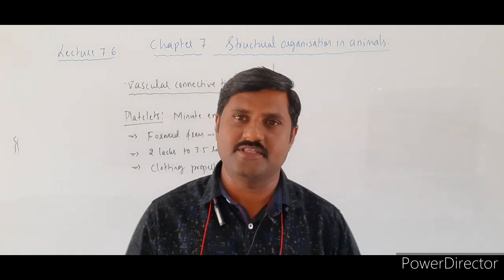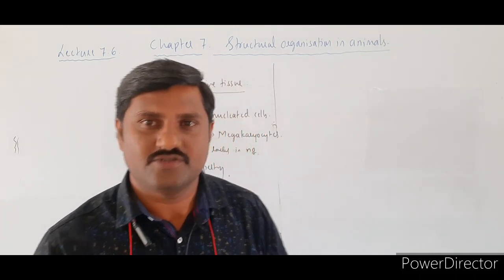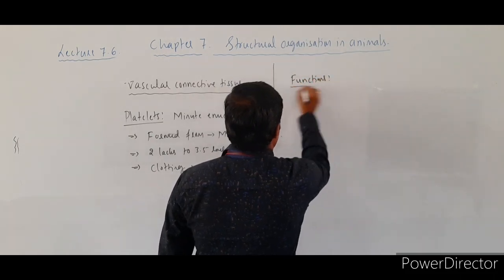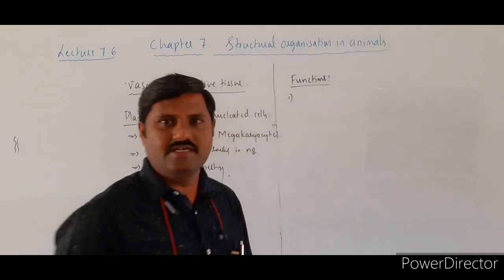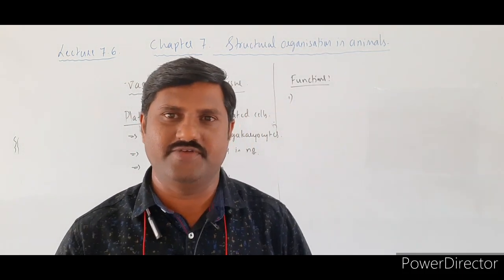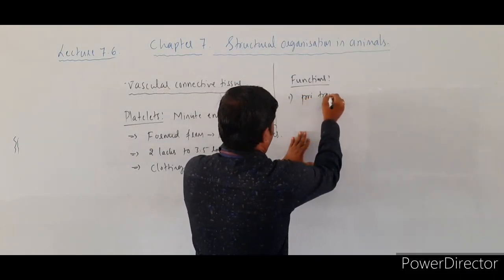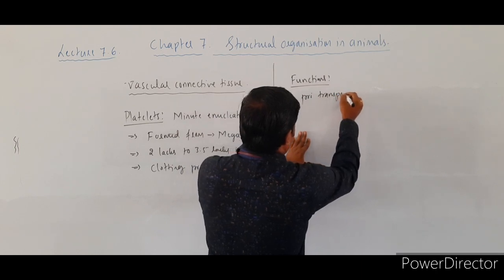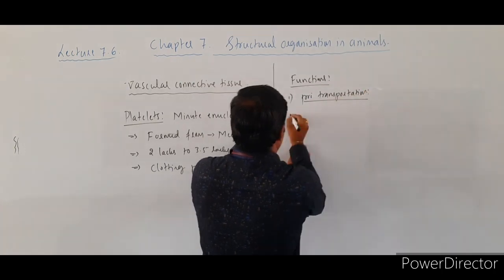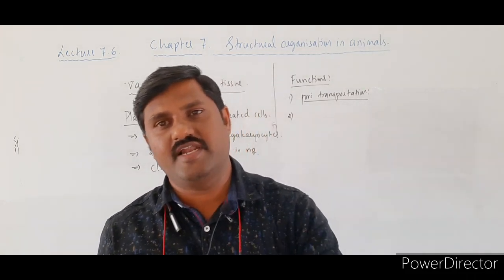After this, the majority of functions are carried out by the blood itself. There are some functions we will discuss now. These functions are not given in the syllabus, but you should have this extra knowledge. The primary function is transportation: blood helps in transportation of the respiratory gases as well as food material.